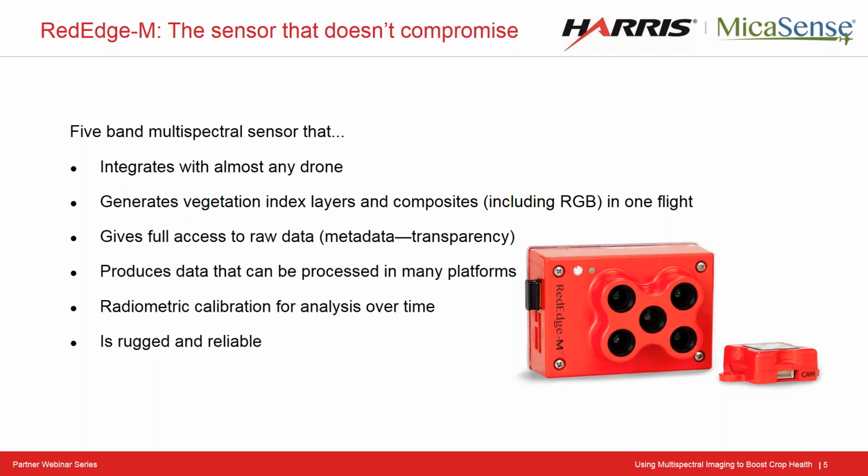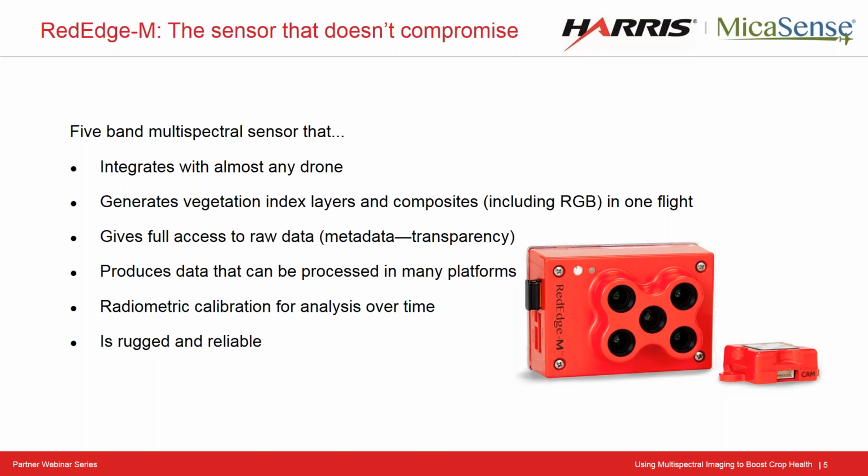Yeah, thanks, Nigel. So yeah, I'm going to cover a few value points on the RedEdge and multispectral kit. So it's a 5-band multispectral sensor that integrates with almost any drone, as long as the drone can carry the weight of the 173-gram camera kit. And if you can supply some form of power to the camera, it's really versatile in terms of drones that it can integrate into.